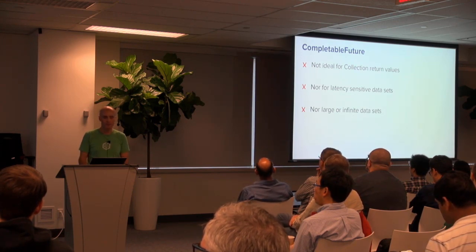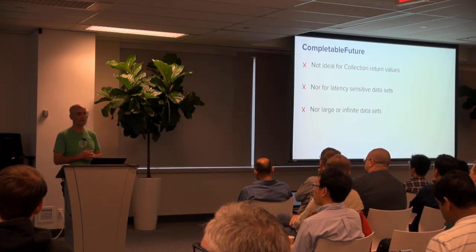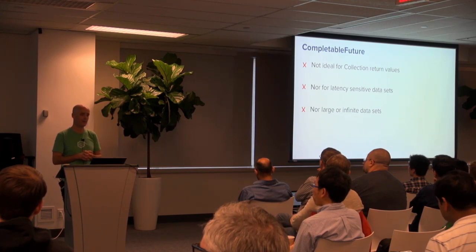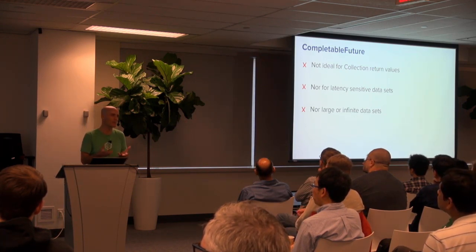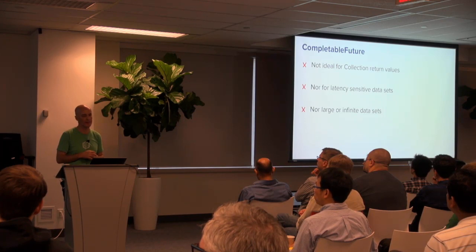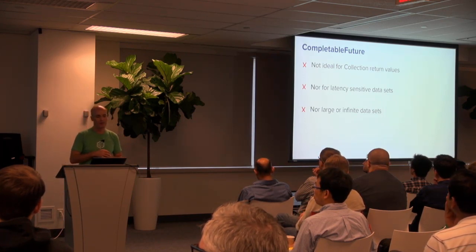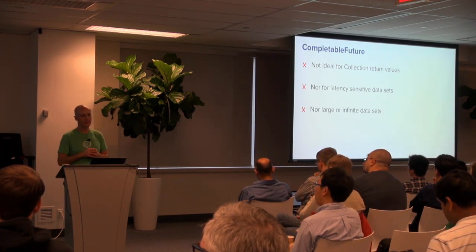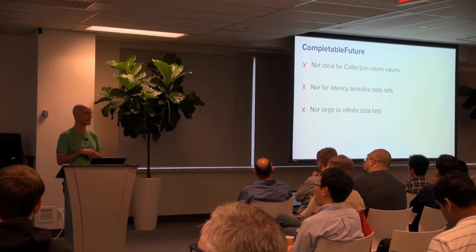The problem with CompletableFuture is that it's not ideal for dealing with more than one value. For collection return values, that's where it begins to fall apart. It's really not built for that. A variation on that is it doesn't really deal with latency sensitive data sets.